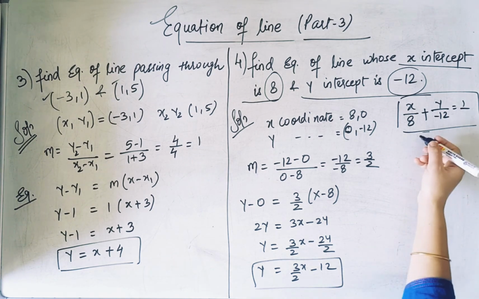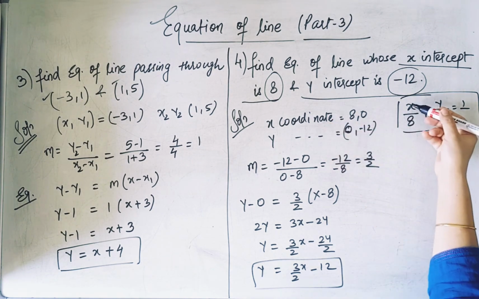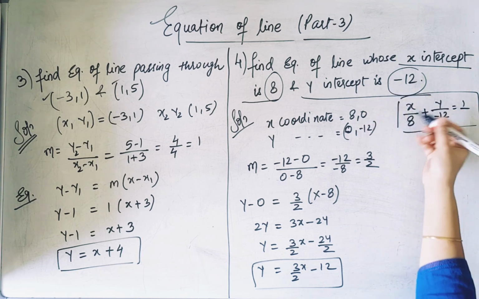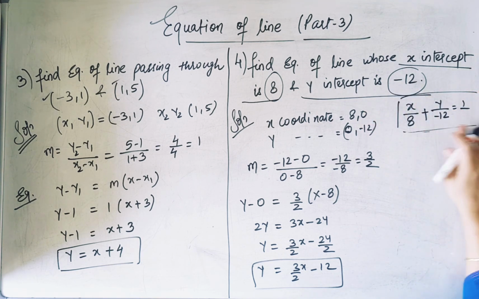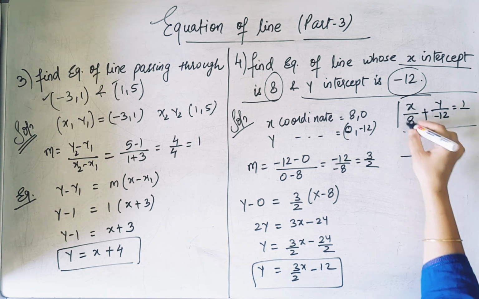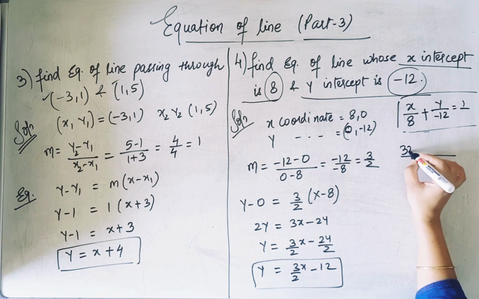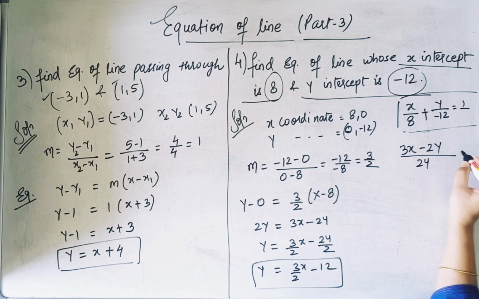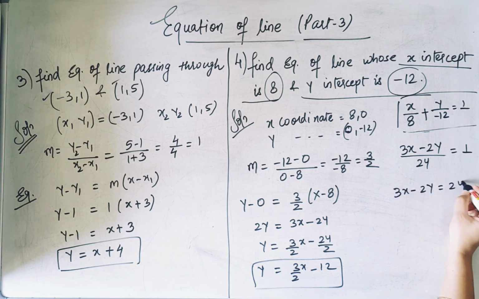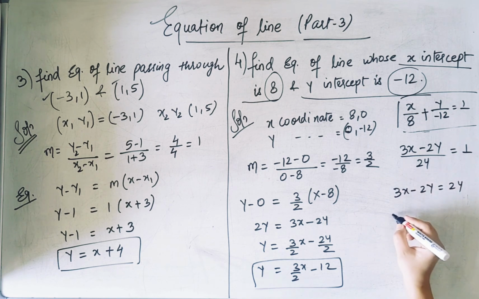Now see here, if we had done it as x by a plus y by b, which was the intercept form, we would have got the same answer in this case also. Taking the LCM of 8 and 12, which is 24, we get 3x minus 2y equals 24. Thus we'll shift 3x to that side.